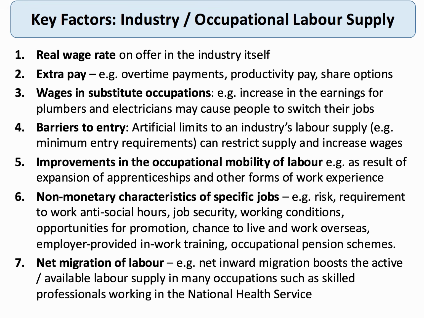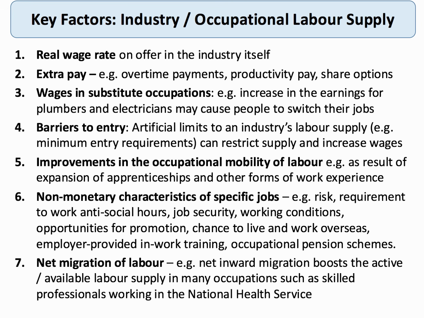People may also look, if they're rational, at the wages and salaries in substitute occupations. So, for example, an increase in the average earnings for plumbers and skilled electricians might cause people to switch their jobs. And some people do look at relative pay when deciding what's a likely career.